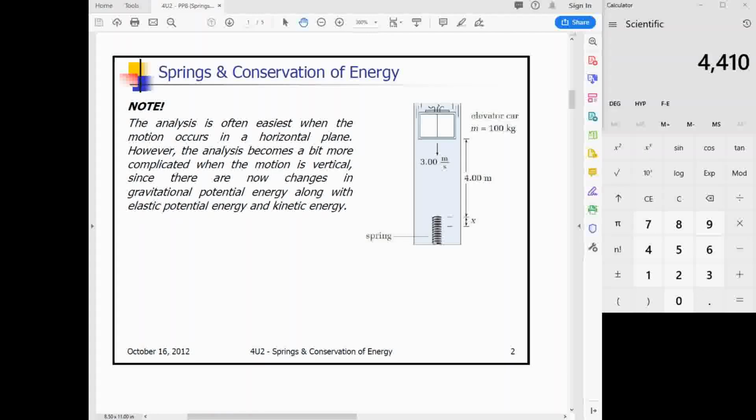So when we have motion that is occurring in a single plane, it's often a lot easier to do these. When we have motion that is vertical, we have gravitational potential energy to add. But when we're only in the horizontal plane, we don't have to account for gravitational potential energy.